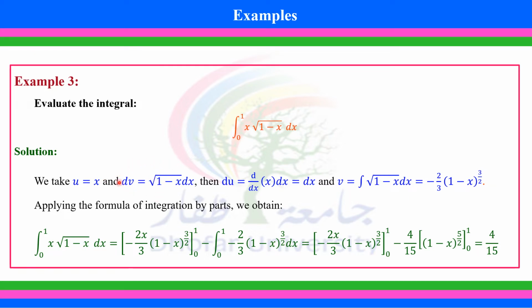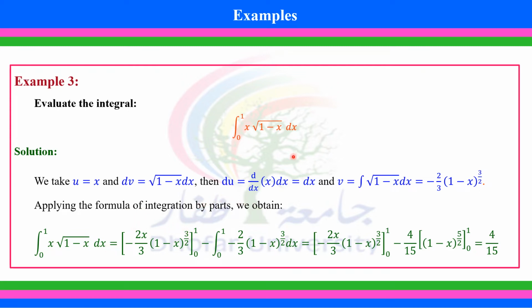And v is obtained by integrating the square root of 1 minus x with respect to x, giving minus 2/3 times 1 minus x power 3/2. So since we have the four quantities u, v, du, and dv, we can apply the formula of integration by parts.